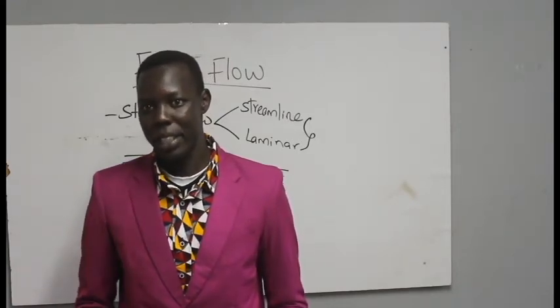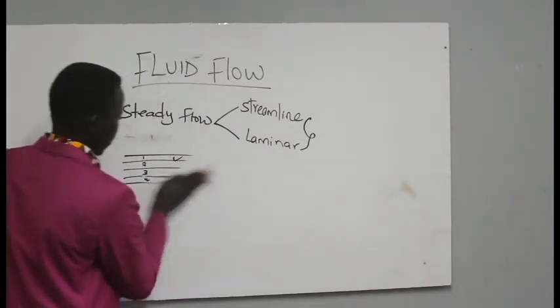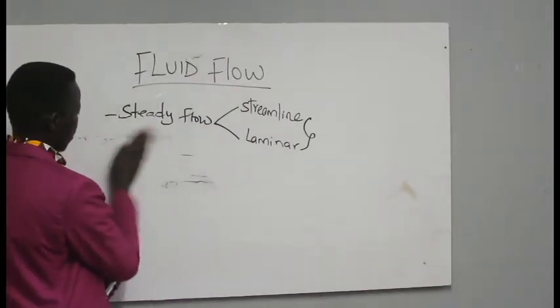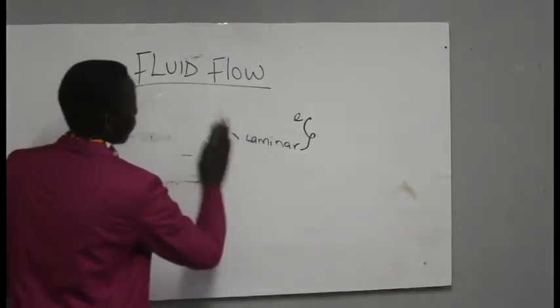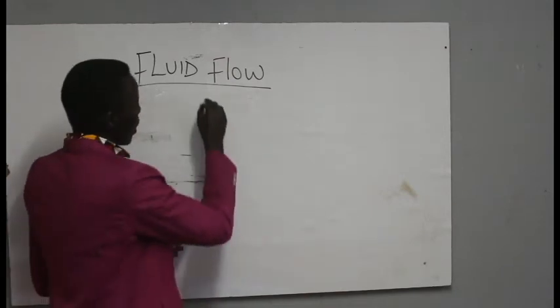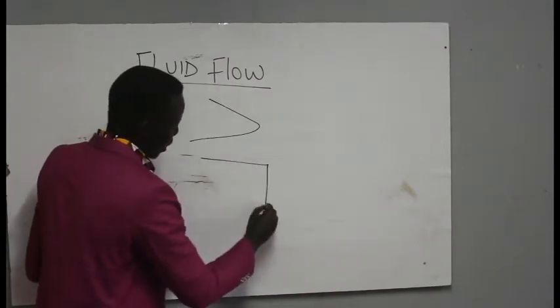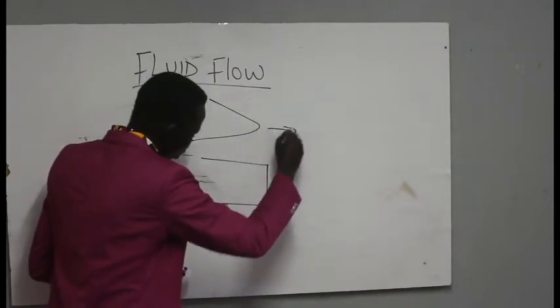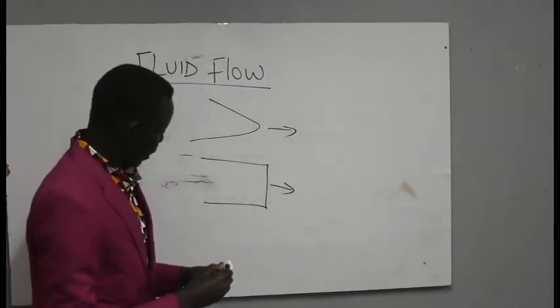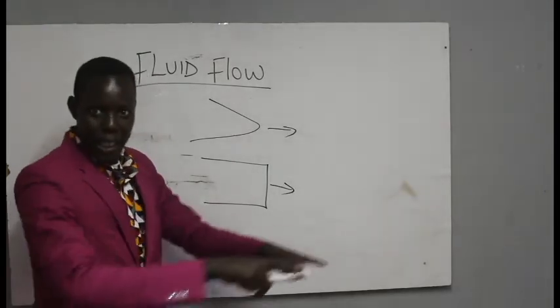Just imagine if the shape, let me draw this. We know the shape of a fish is streamlined. Just imagine if this was the shape of a fish and it is moving through water. This fish will use a lot of energy to sail through.